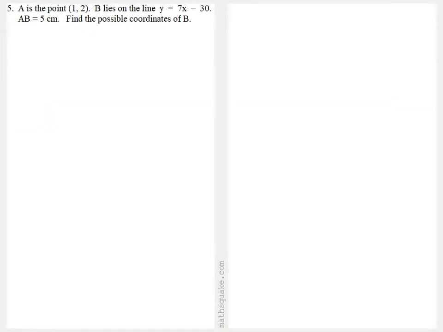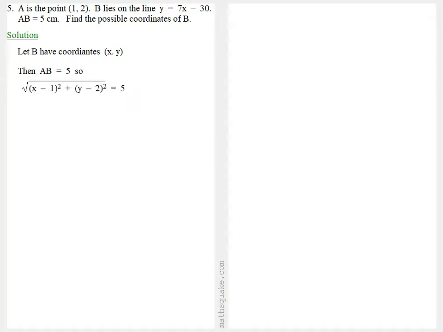In question 5, we have A as the point 1, 2. B lies on the line y equals 7x minus 30, and AB is equal to 5 centimeters. We have to find the possible coordinates of B. Well, to solve this, let B have coordinates x, y. So that means the distance between 1, 2 and x, y is equal to 5.